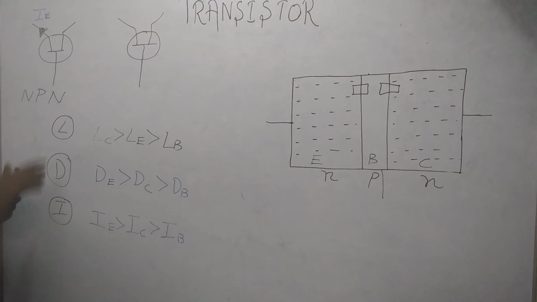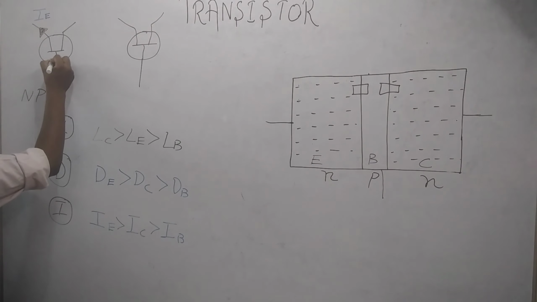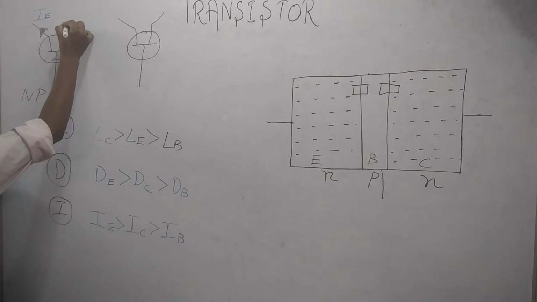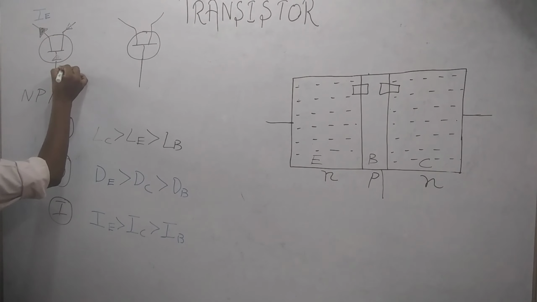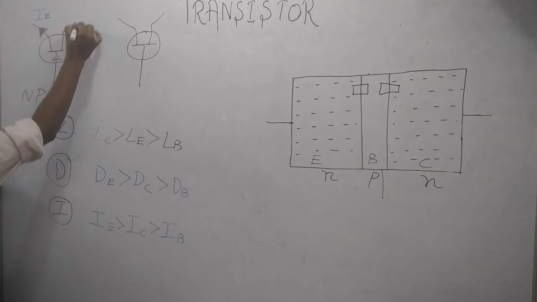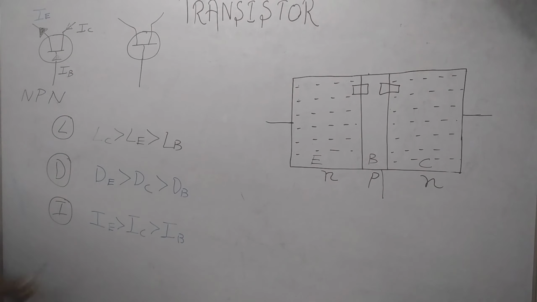Once you understand the direction of emitter current, the direction of current of the two other terminals, that is base and collector, is opposite. Here current is moving outward, so we will give two inward currents. This is current IB of base and this is IC of collector.